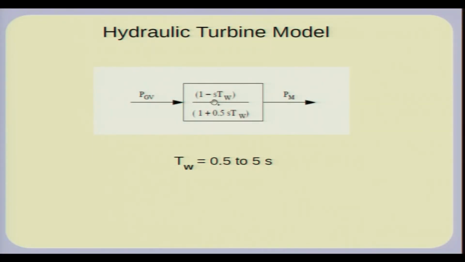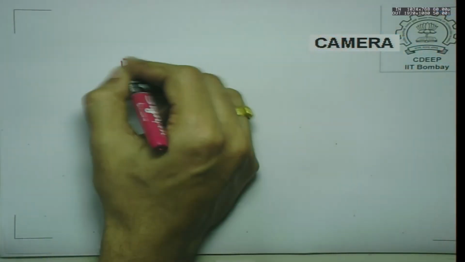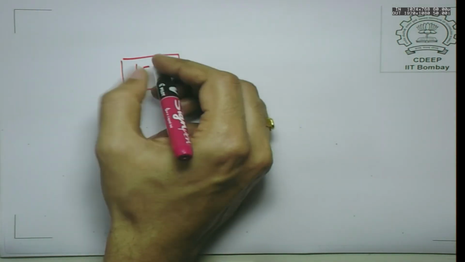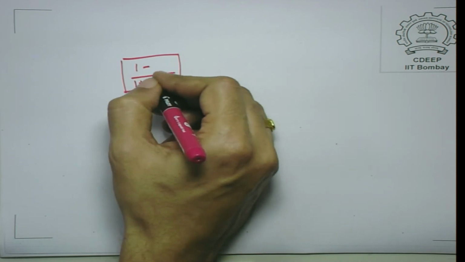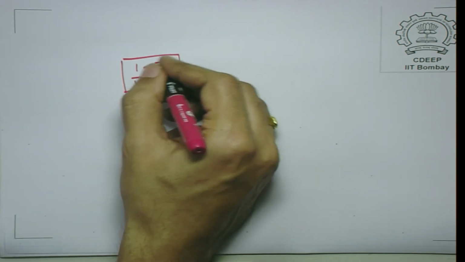So, the 0 is S equal to 1 upon T W, and although this does not mean that this is an unstable transfer function, the 0 is on the right hand side, and it has got a peculiar characteristic, that is, if I give a step change to the input of this. Of course, remember that in these kinds of systems one cannot give step changes. This is T W by 2 and this is T W S T W.